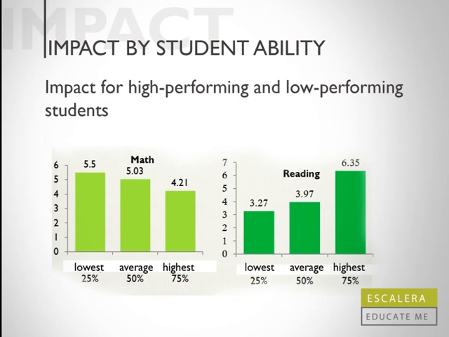To check whether this was the case in our study, we actually looked at both the impact for students that had a very low test score and the impact for students that had a very high test score. And we actually found that there is a statistically significant, very similar result for both groups.